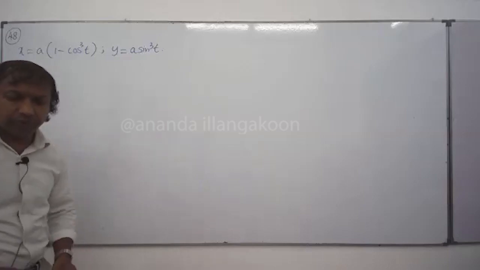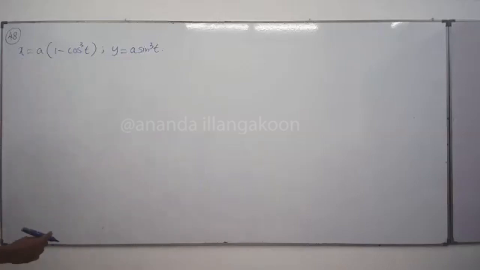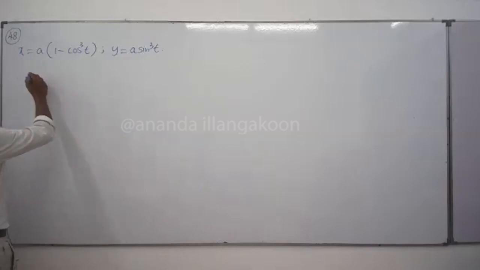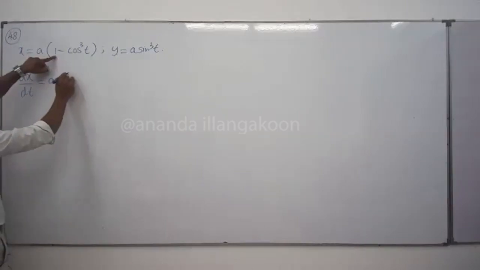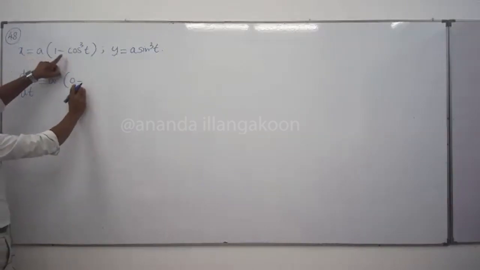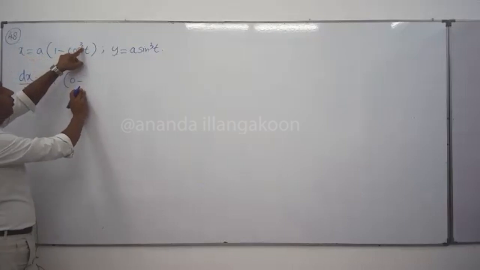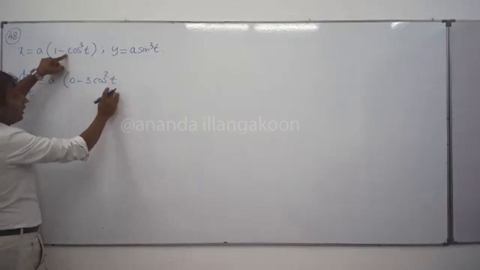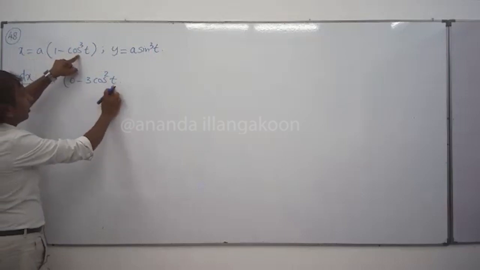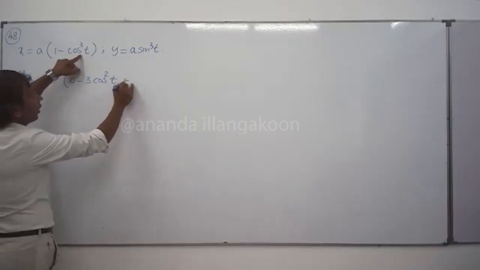Now we differentiate this, dx over dt. Keep this a the same. 1 is a constant, so 0. First we differentiate the power, so 3 comes before, 3 cos squared t, and now this should be multiplied by the derivative of cos t.